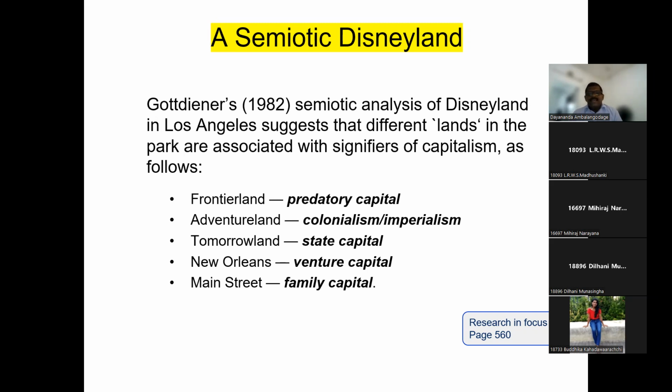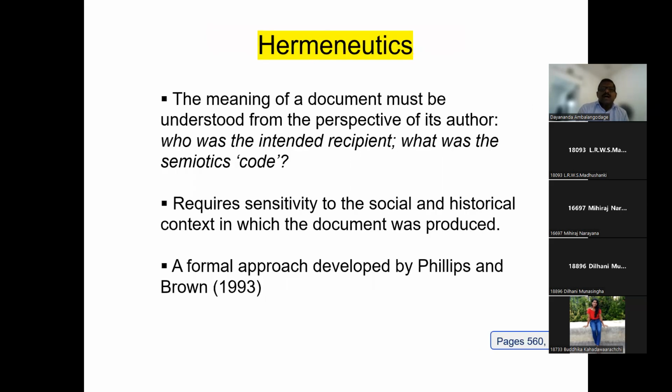Main Street represents the family capital, New Orleans and venture capital. Likewise, lands represent different meanings. Predatory capital, colonialism, state capital, and venture capital, and the frontier lands mean predatory capital. So it's for you to interpret this.